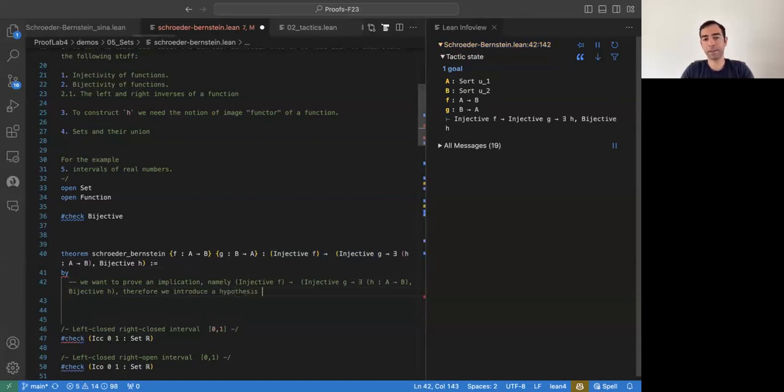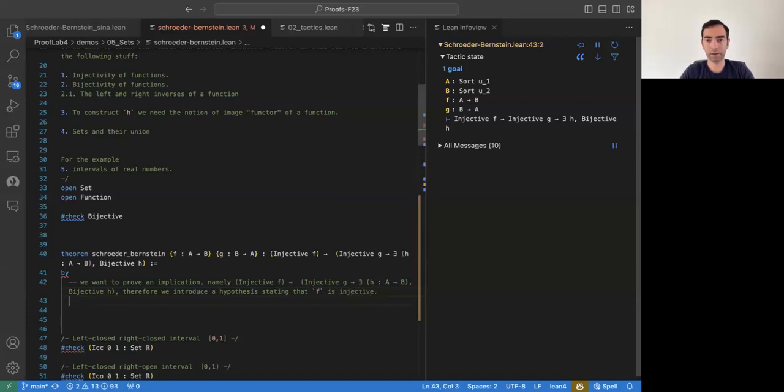And the name of this hypothesis says that f is injective. Okay, how do I do this? What's the tactic for that?